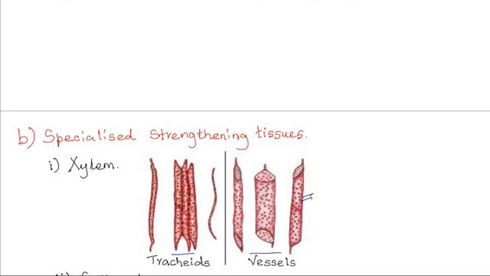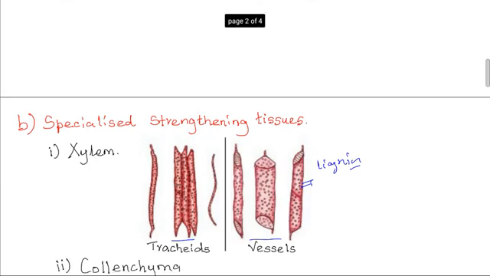Their walls are thickened and heavily lignified, strengthened by lignin material. These side walls that are lignified provide mechanical support to the plant. Xylem are found within the vascular bundles, where they play an important role in providing mechanical support.